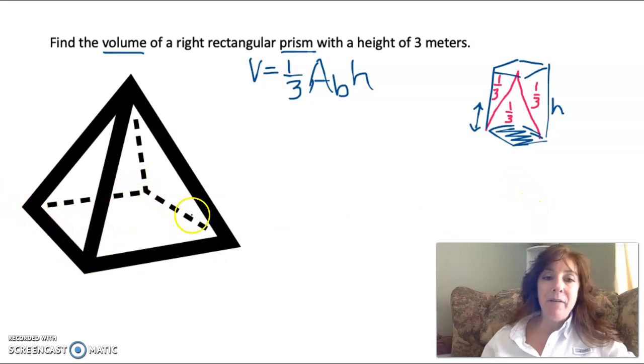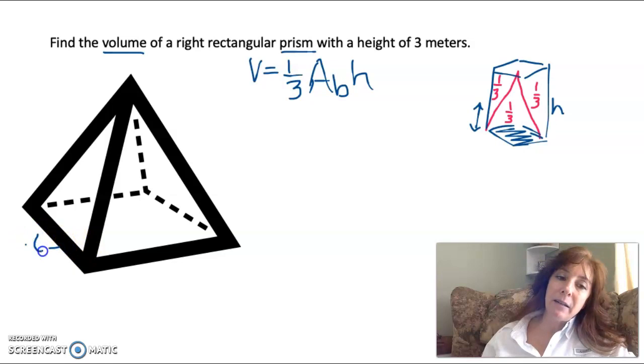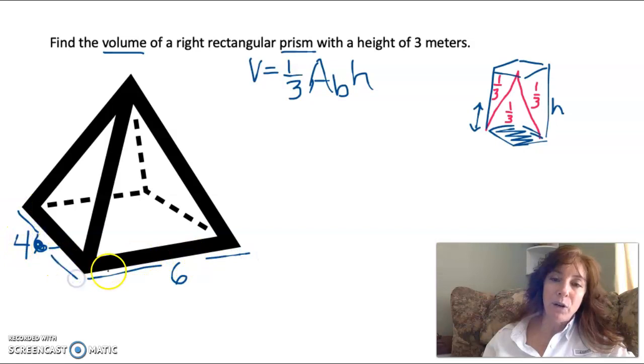The area of the base, okay, I forgot to put these numbers here, but if that length is 4, and this length is 6, from here to here is 6, and from here to here is 4.